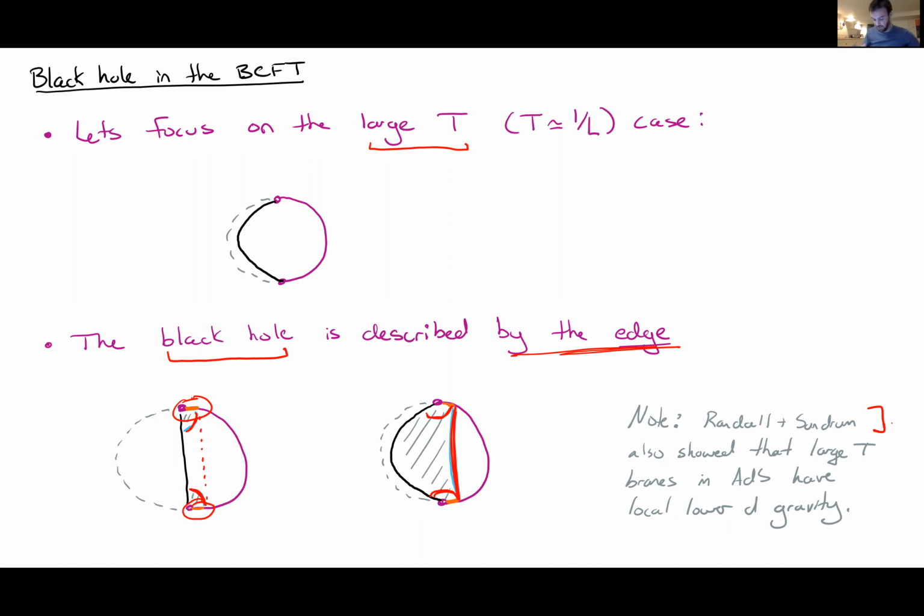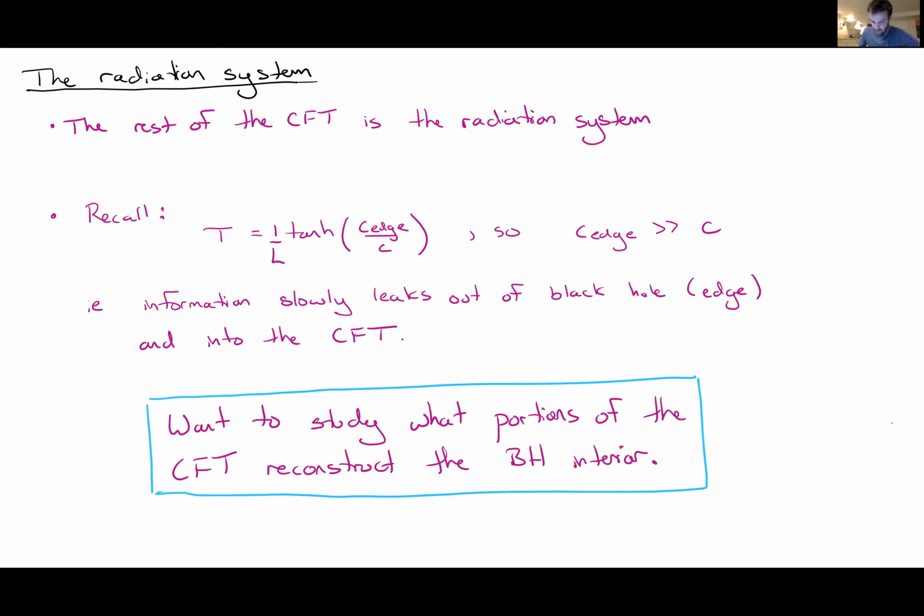So in this case, we can also think about a lower dimensional description of gravity that's just intrinsic to the brane. Good, so that's my black hole. In the bulk, it's the brane. In the boundary, it's the edge.